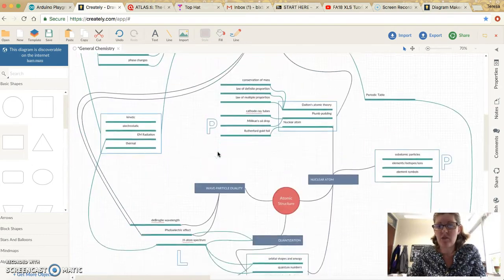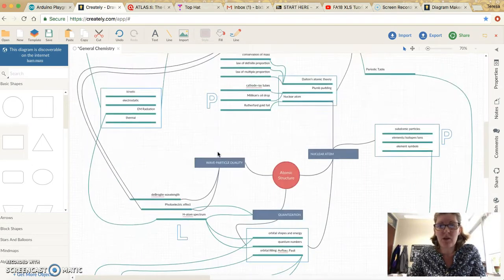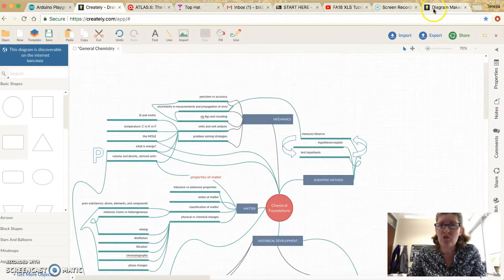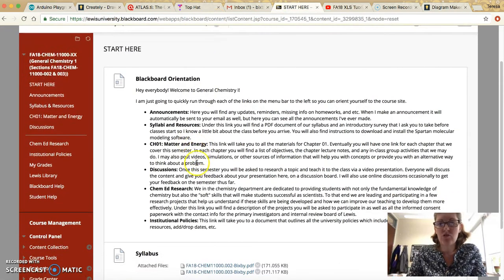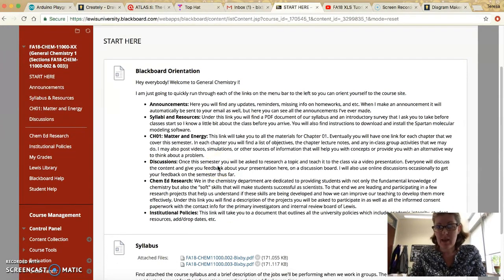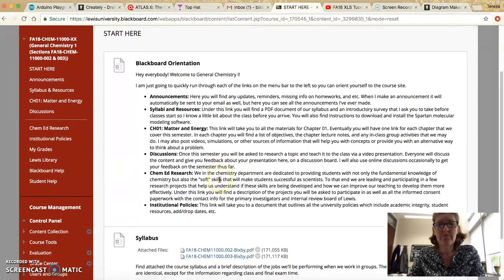I've done this for a few chapters, although it was for a different book. You're going to go to creately.com and make a free account, and I have a link there that'll show you how. You are also going to need Spartan molecular modeling software. This is going to cost you $50, but it'll be a really useful tool that you'll use this year and next year if you take organic chemistry, and anytime further in your chemistry career if you decide to go further with a minor or something.